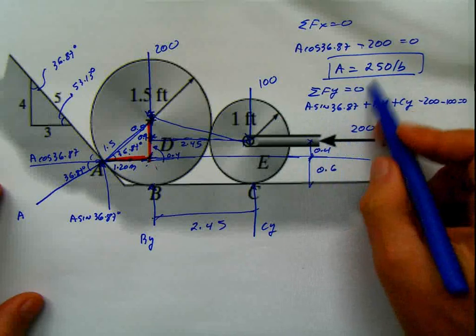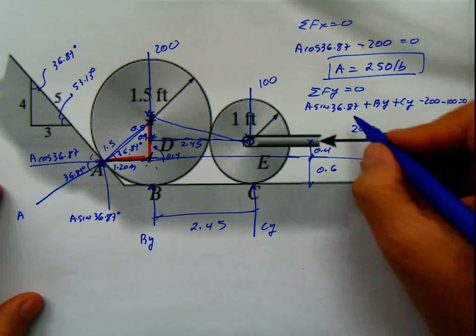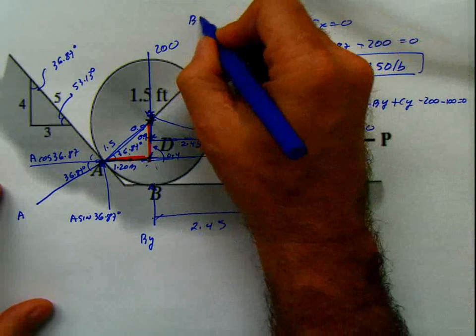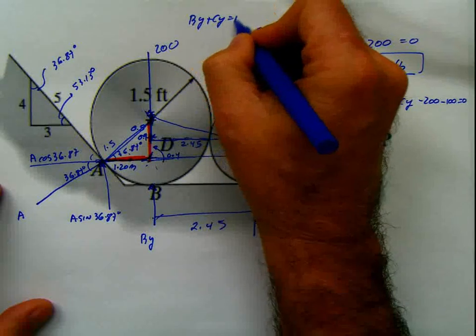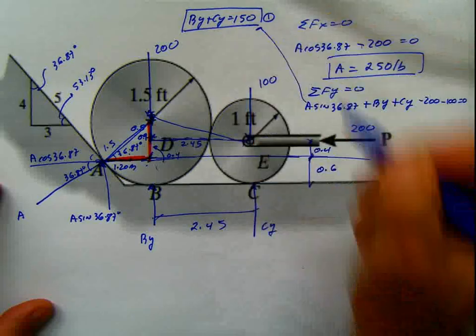A is this, A sine is 150, negative 150. So from here I can get one equation that says BY plus CY equal 150. That's my equation 1.